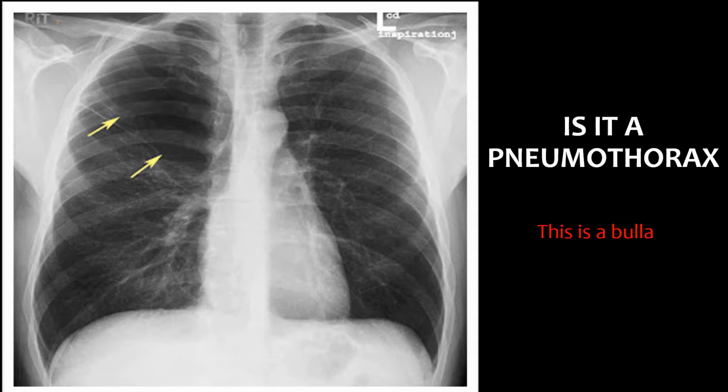Often it's a very big lucency, bigger than this, and a naive person may think that it's a pneumothorax and put in an ICD. But be very careful. Many a times these are bullae, and you have to do a CT, because in a bulla you don't put an ICD. This is a very common scenario in COPD patients, and they are prone to pneumothoraces.